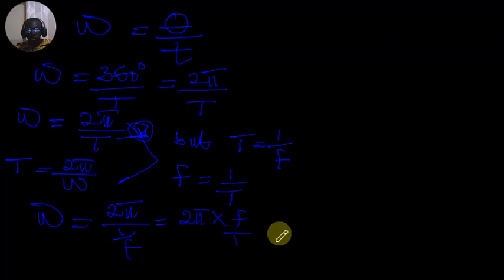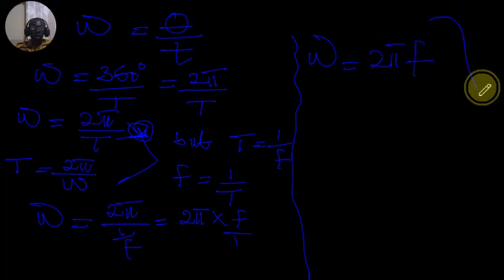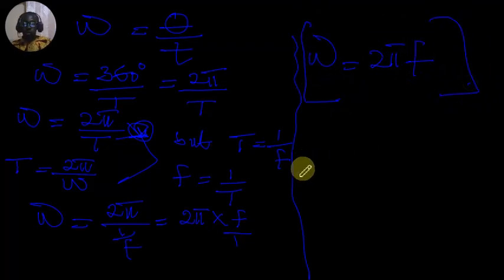If you do that, that shows that omega is 2 pi f, and that's another formula. Okay, so let's proceed to the last aspect for now.